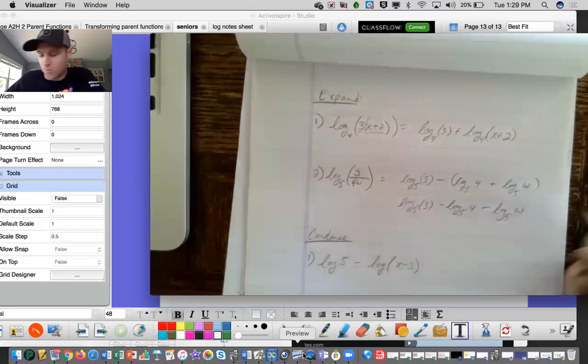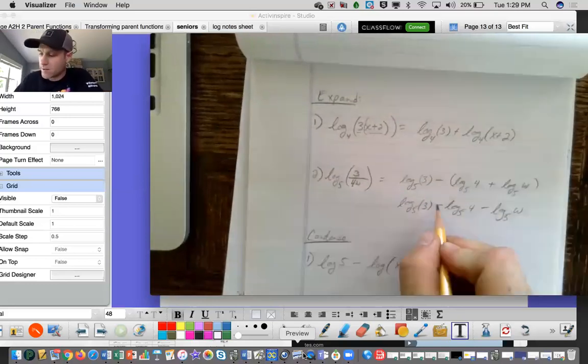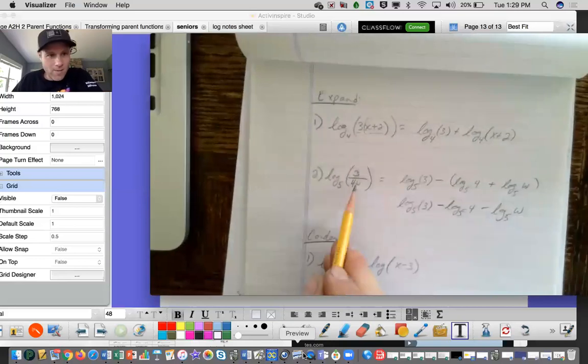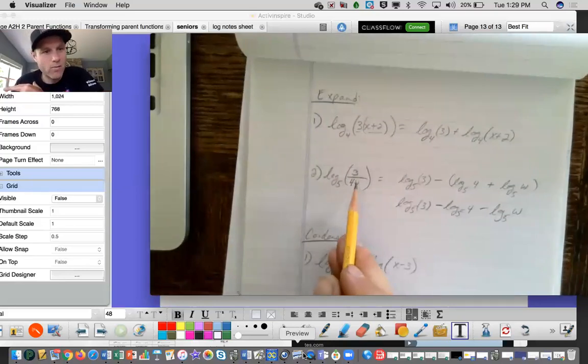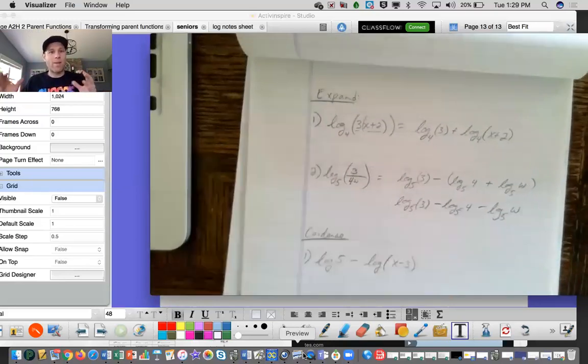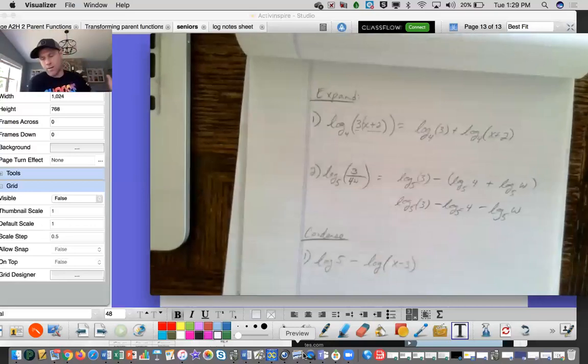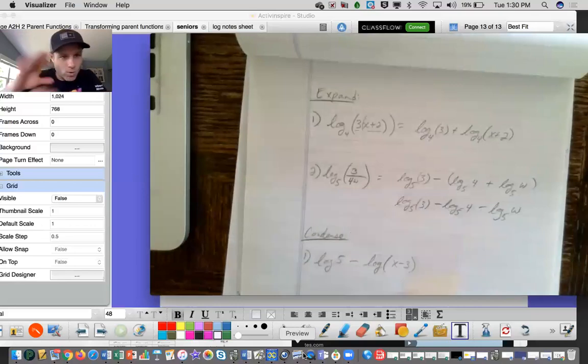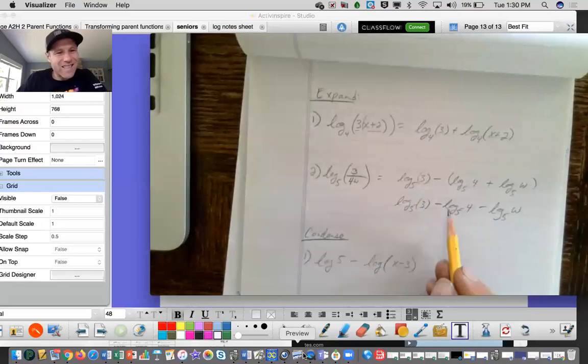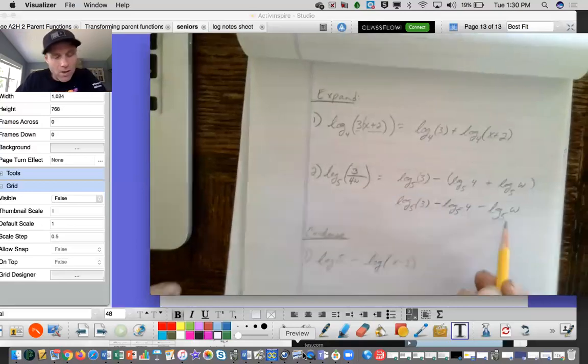In my class, what I would talk about consistently is how these are both in the denominator, so you could imagine that as being like a negative exponent. These are both like 4 to the negative 1 and w to the negative 1. And remember that exponent property drops that exponent down in front of the log. So that's why you get that minus sign in front. In class, I work out an entire example like that, but if you've already seen it, which most of you have, you get it. If they're in the denominator, they get a negative sign in front of the log.